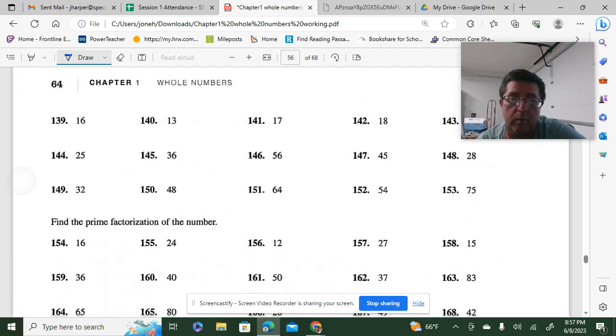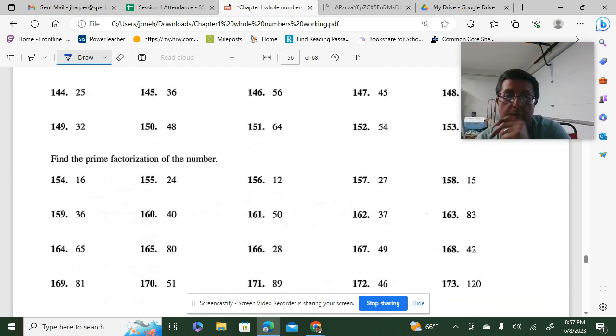This is important work. Okay, so find the prime factorization of the number. So the prime factorization, I don't recall what that is off the top of my head.